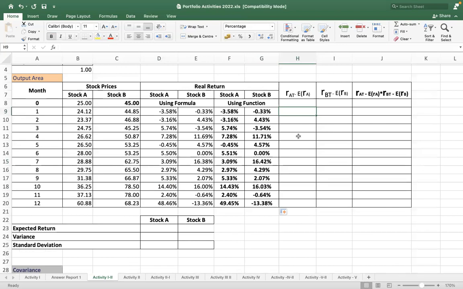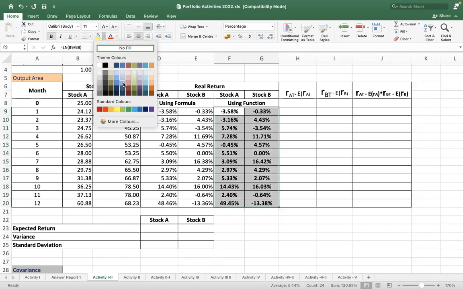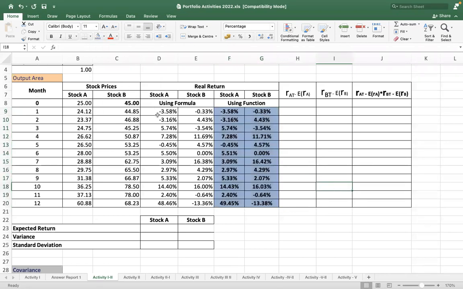Now we have already calculated the real returns. So this is the manual function. I am not using this one, I just want to show you how it's used. In Excel, we just use the ln function.